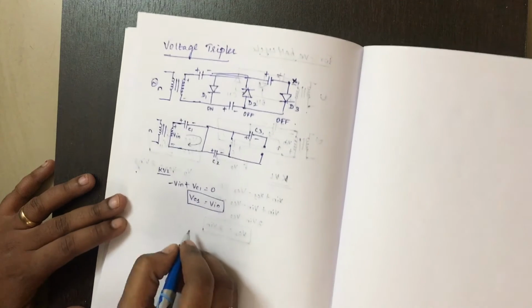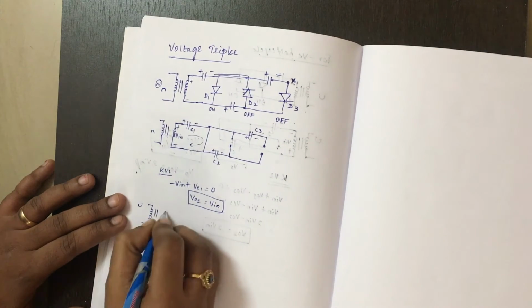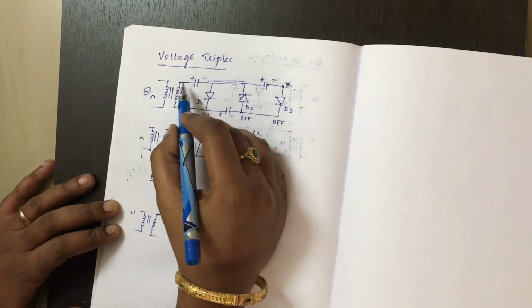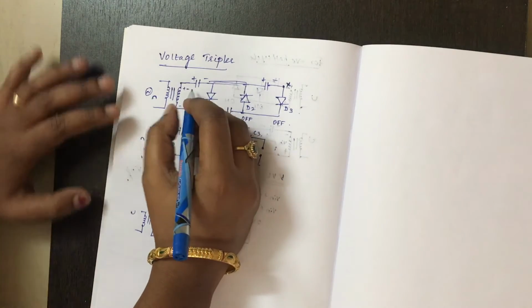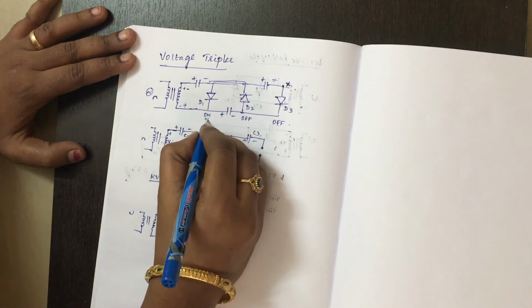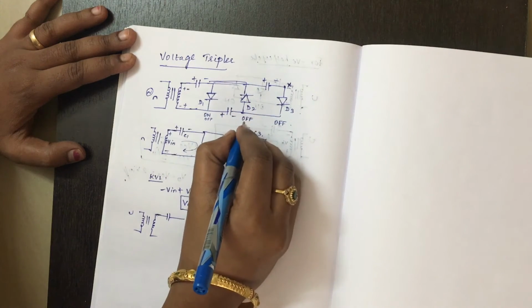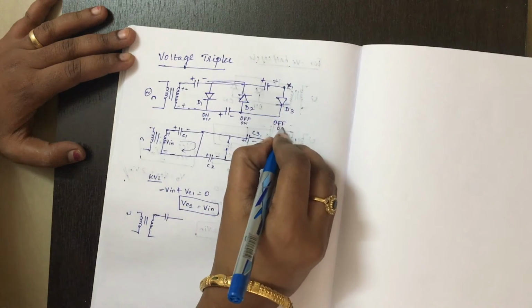So next again you will be applying a negative signal. When negative signal is applied, this becomes negative, this becomes positive, and negative is applied to anode, this will turn off. Negative is applied to cathode, so this will turn on. Negative is applied to anode, so this will turn off.